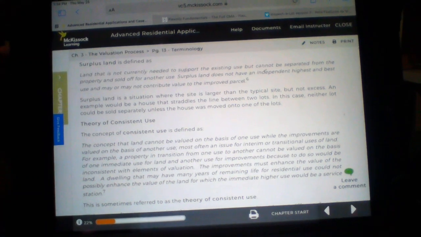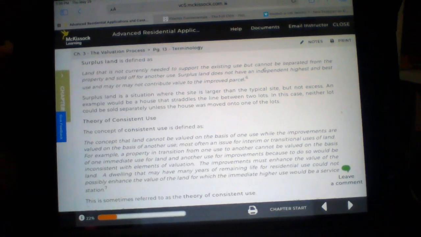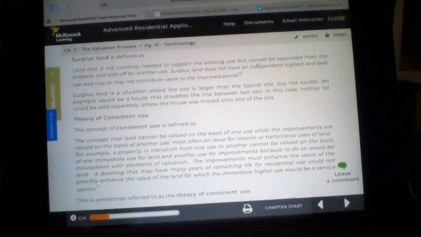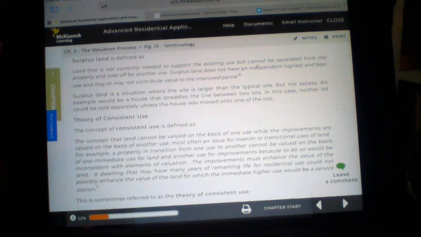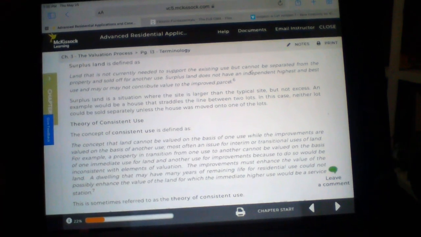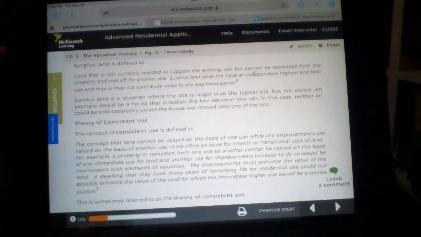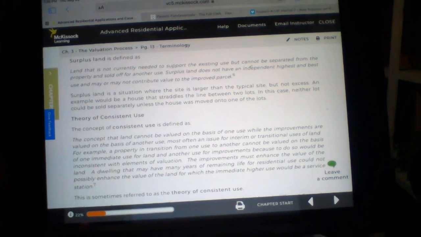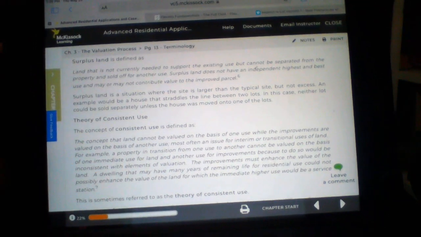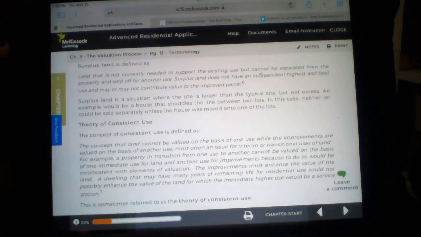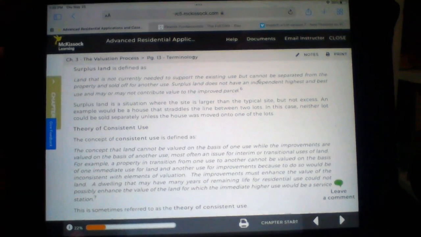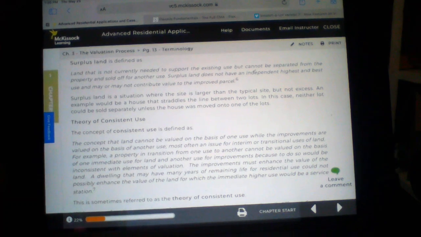Surplus land is a situation where the site is larger than the typical site, but not excess. An example would be a house that straddles the line between two lots. In this case, neither lot could be sold separately unless the house was moved onto one of the lots.